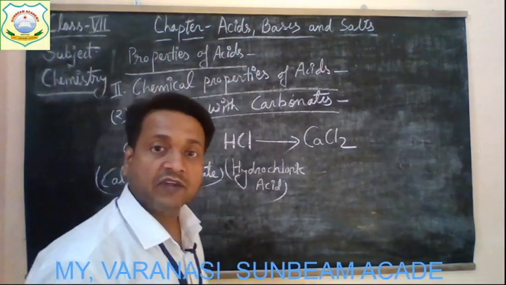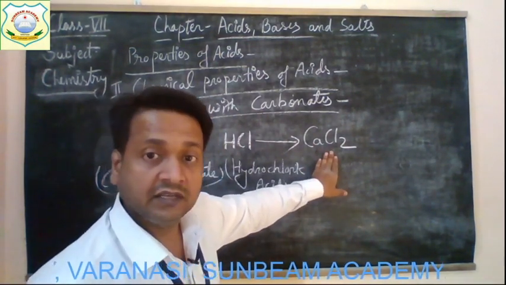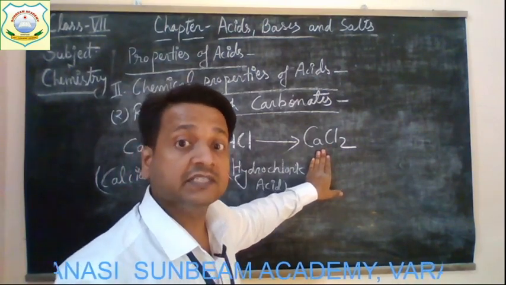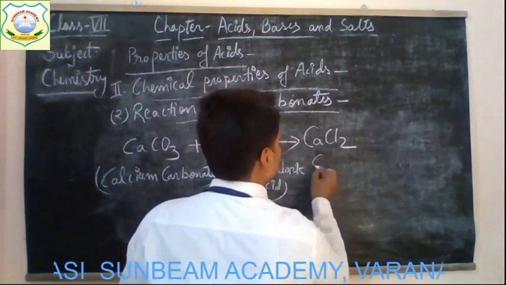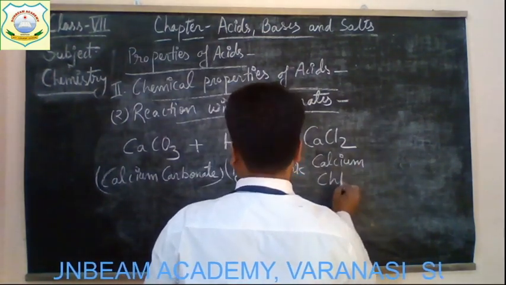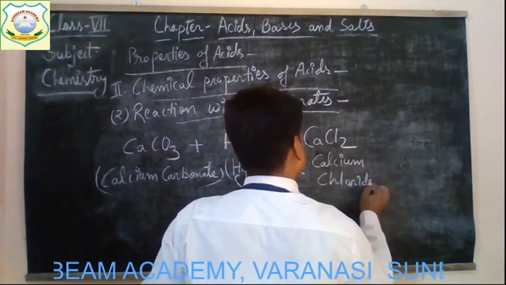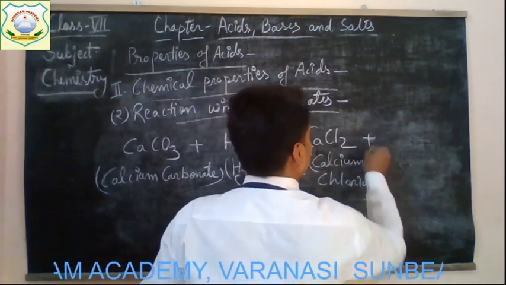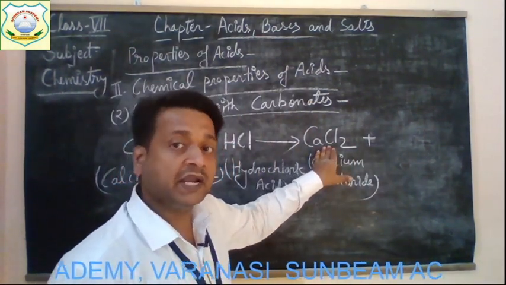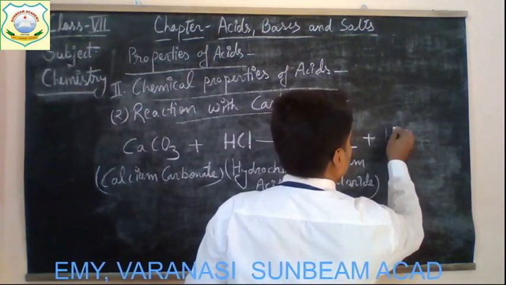The formula of calcium chloride is CaCl2. So which salt is this, children? Yes, it is calcium chloride. Along with this calcium chloride salt, water and carbon dioxide will also form.